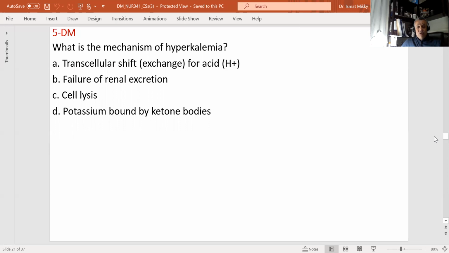To maintain electrical neutrality, the cells will release potassium in exchange for the hydrogen ion. That exchange between potassium and hydrogen ion will result in hyperkalemia, because in acidosis there is an excess of hydrogen ion.